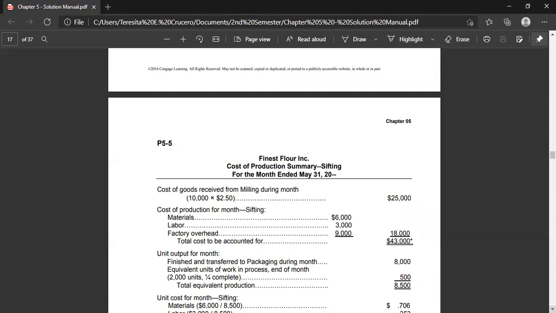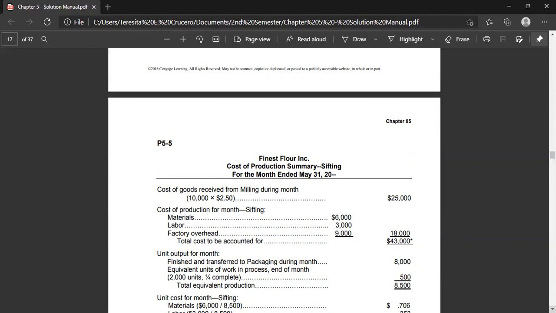Okay, so we have now your cost of production report, 10,000 units multiplied by 2 pesos and 50 centavos for the cost of goods received from the milling during the month.